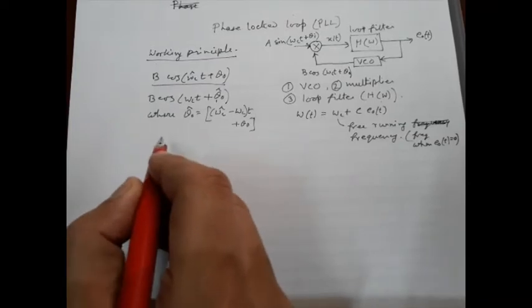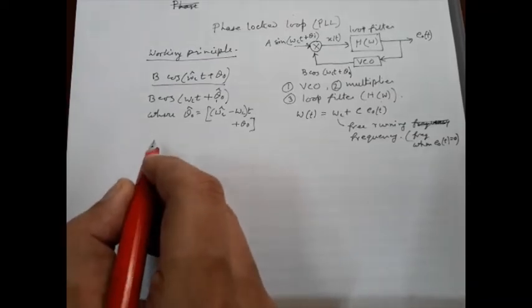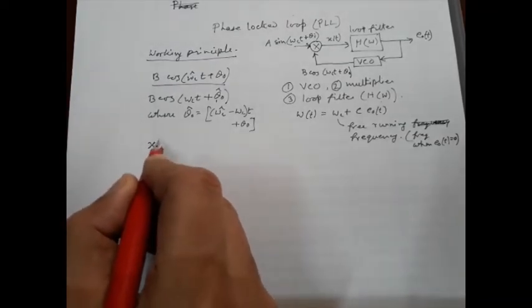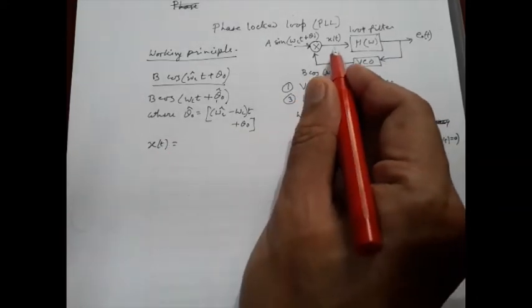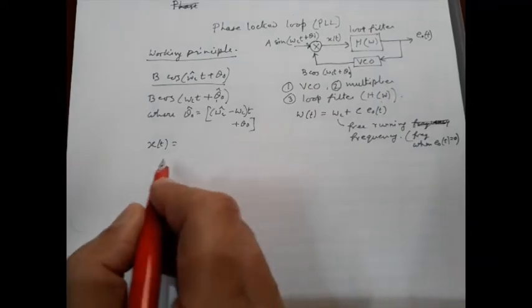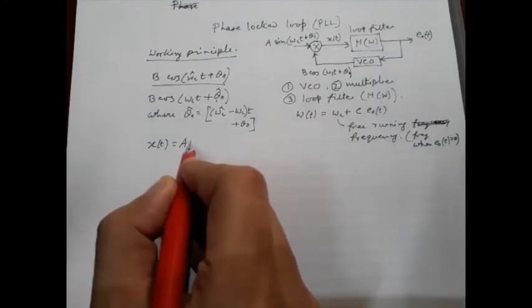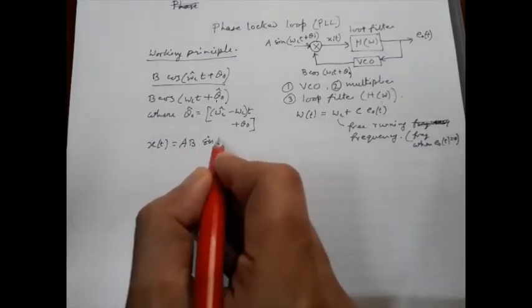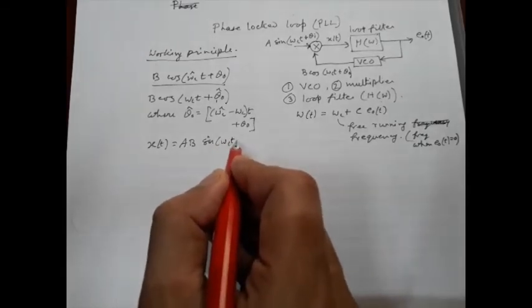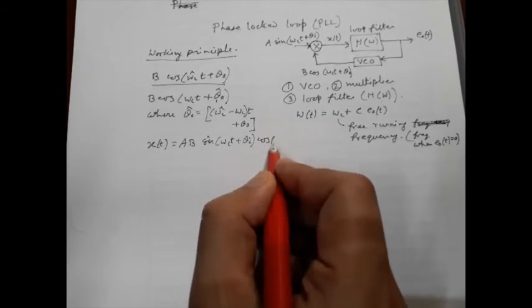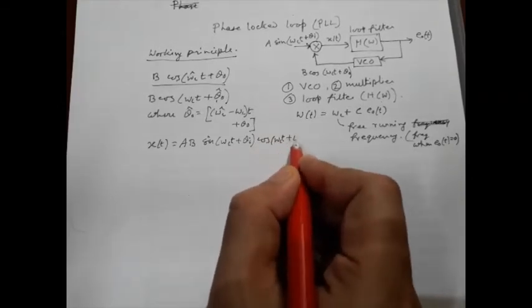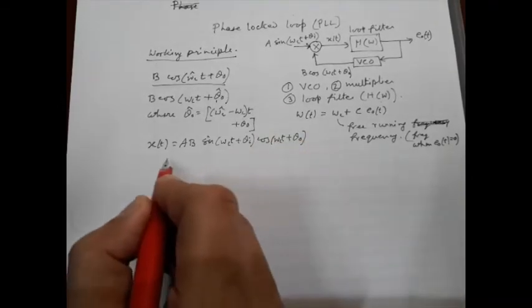Now let us see what happens at the output of the multiplier. x(t) is the output of the multiplier, that can be written as A into B sin(omega c t plus theta i) cos(omega c t plus theta 0).